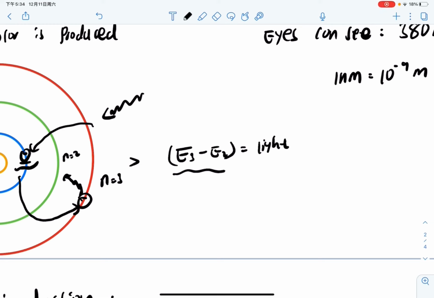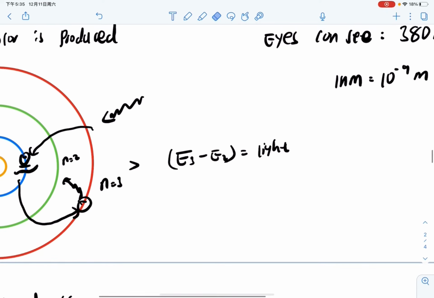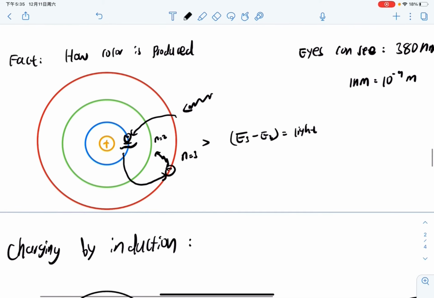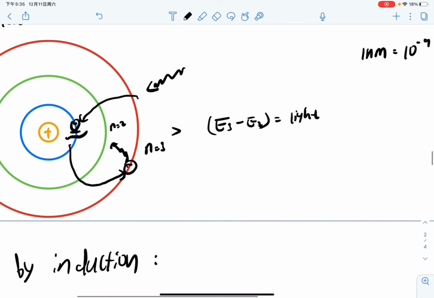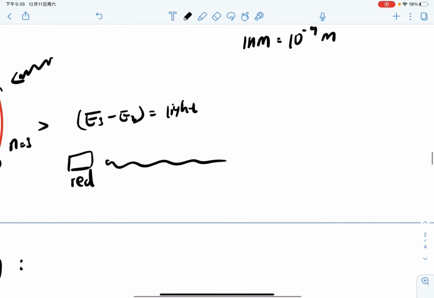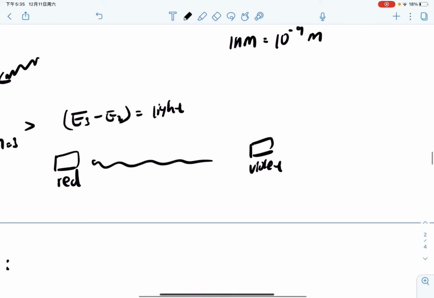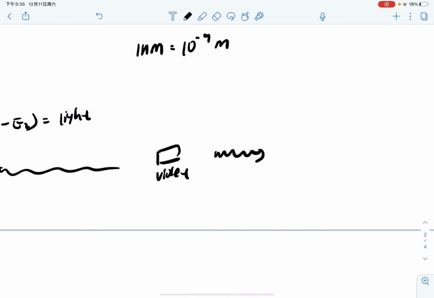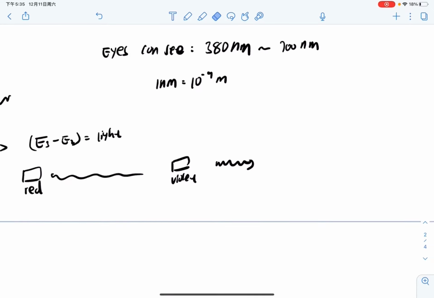So a specific energy will produce a specific wavelength. In the case of red, the wavelength is quite long and the energy is not very much. And in the case of violet, the wavelength is short, and the energy stored in the light is quite large compared to the red light.